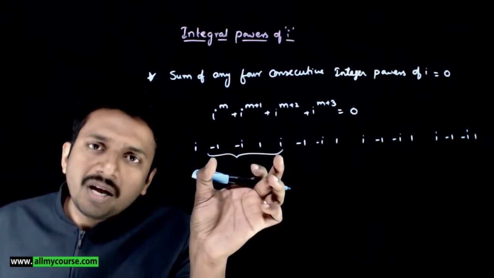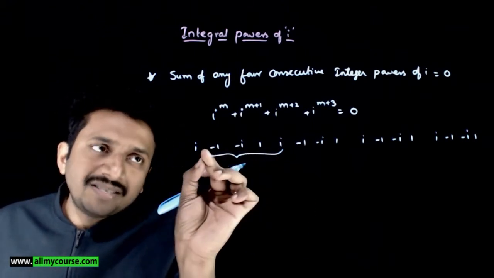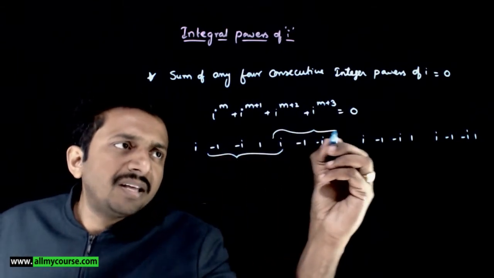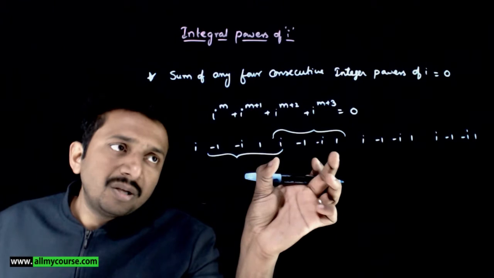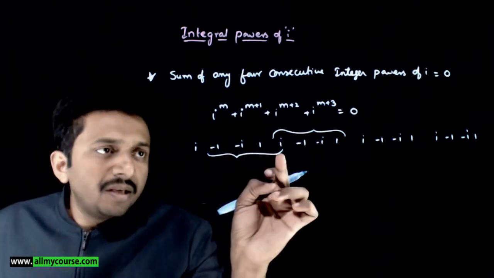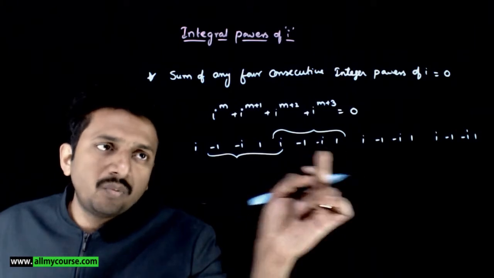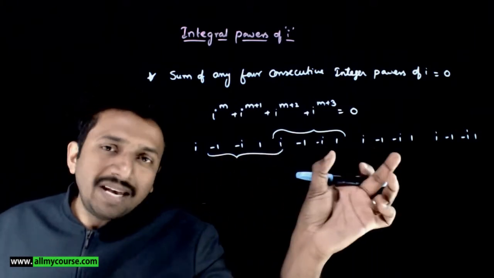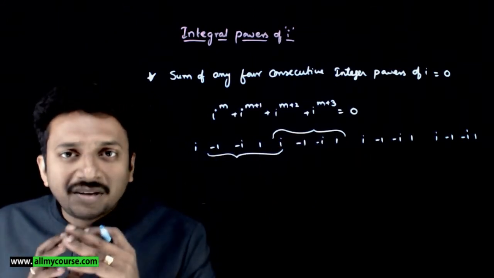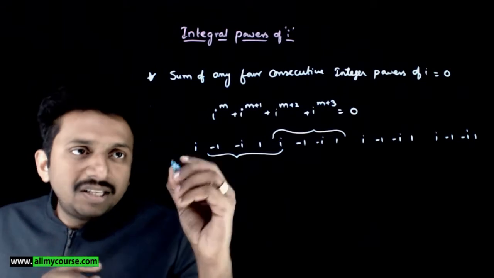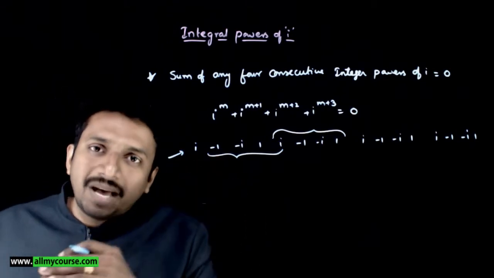You can see that the sum is equal to 0. So you can start with any number; if you take 4 consecutive powers, the sum will always be equal to 0. So this is a way in which you can observe what is happening.